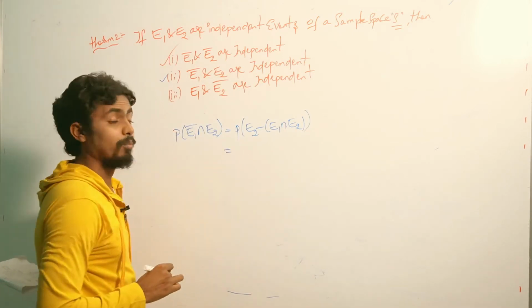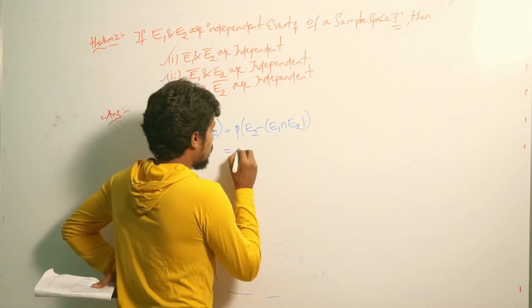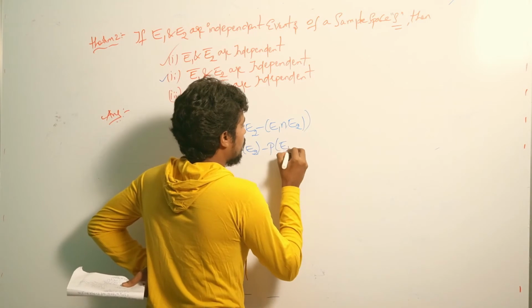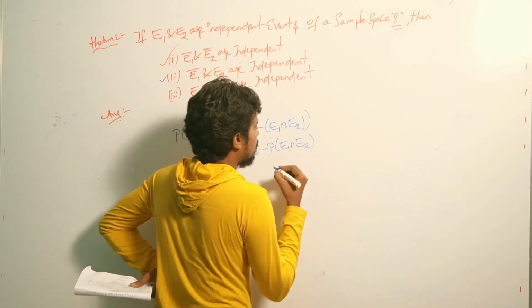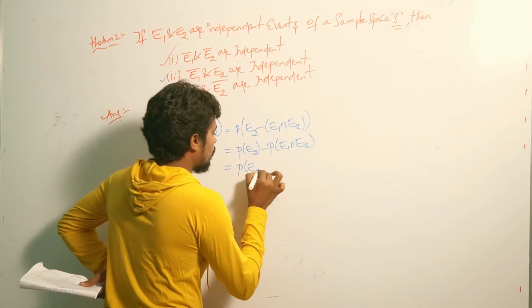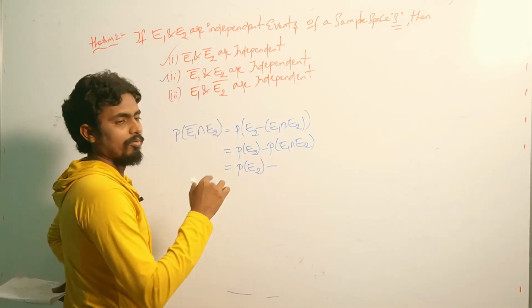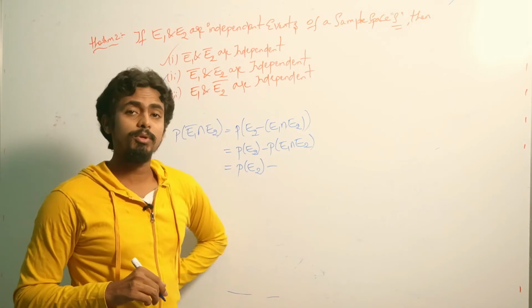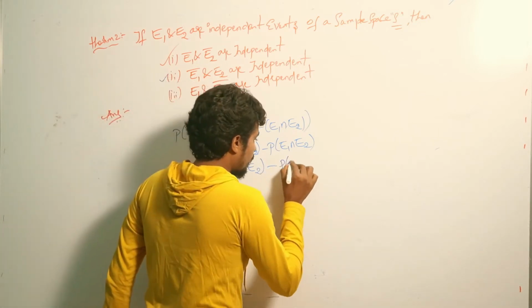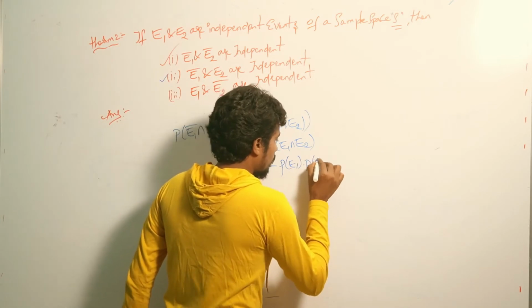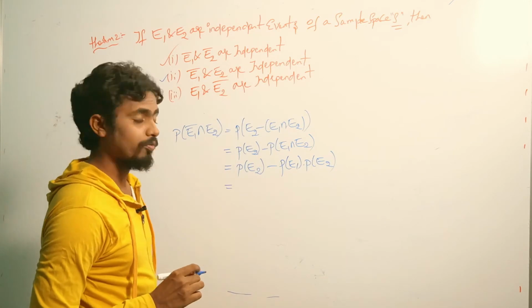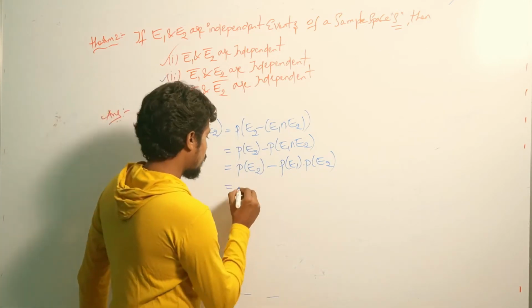If you apply the probability, P of E2 minus P of E1 intersection E2, and here P of E2 minus P of A intersection B, that will be P of A into P of B. Similarly, you can write P of E1 into P of E2.